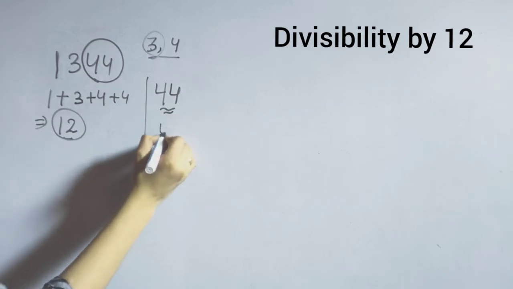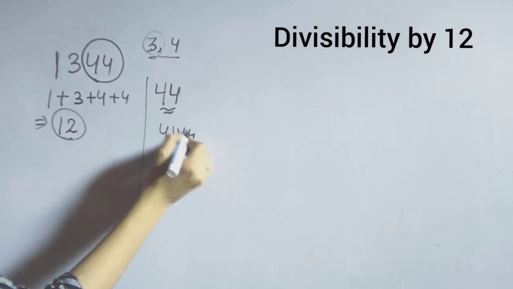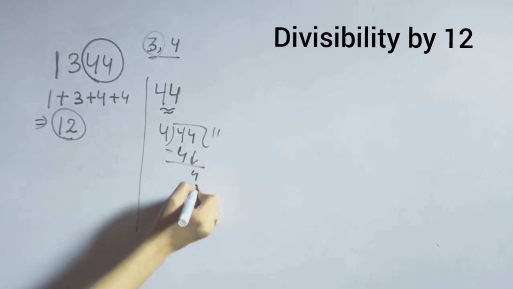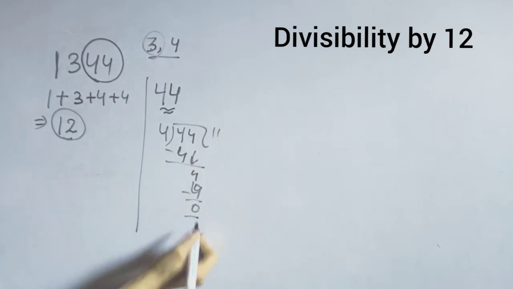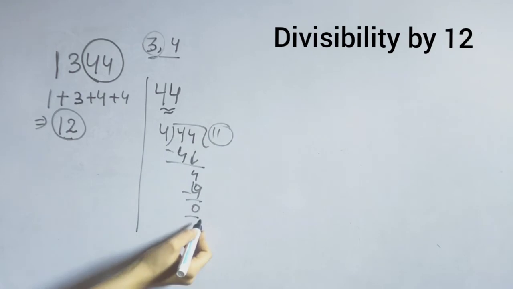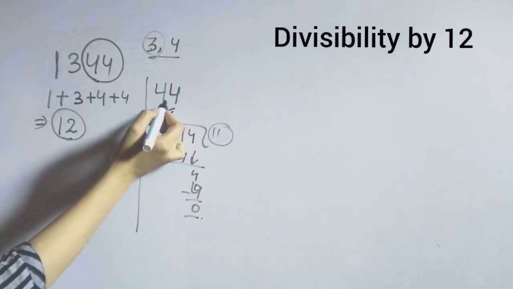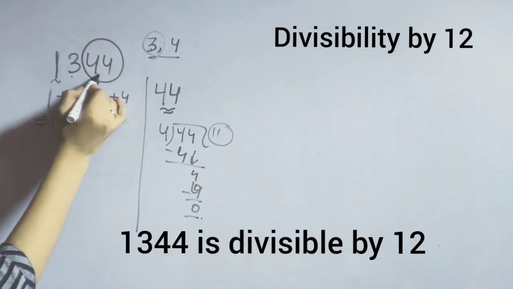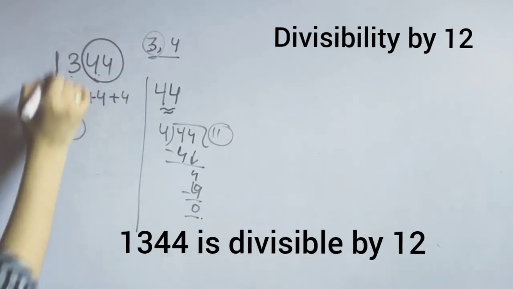So we will divide it by 4 and we will get the answer, okay, 11. So it is completely divisible by 4. So we can say that 1344 is divisible by 12.